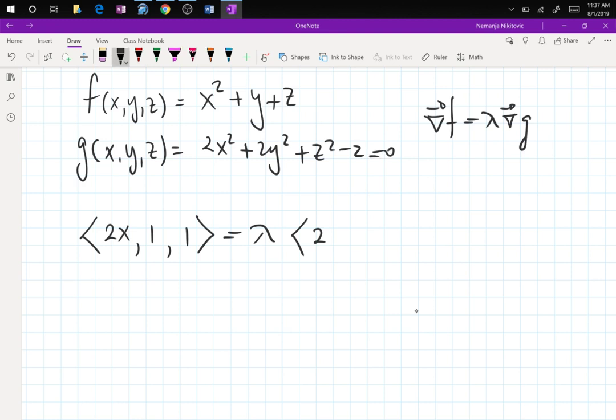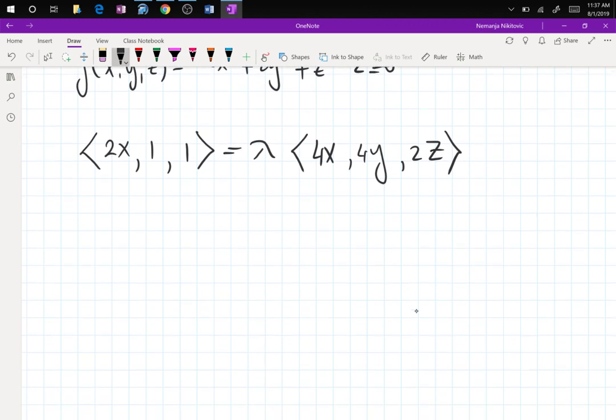So the partial for g is 4x, partial for y is 4y, partial for z is 2z. So these are our gradients.